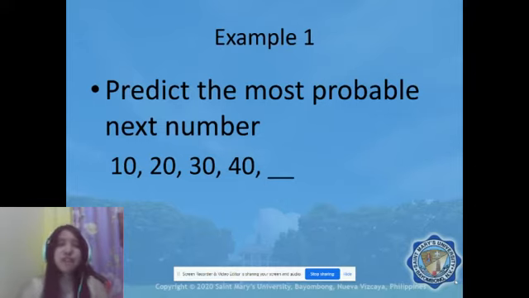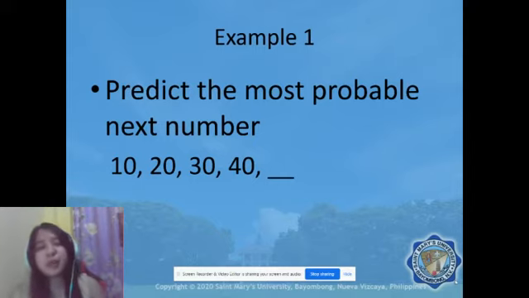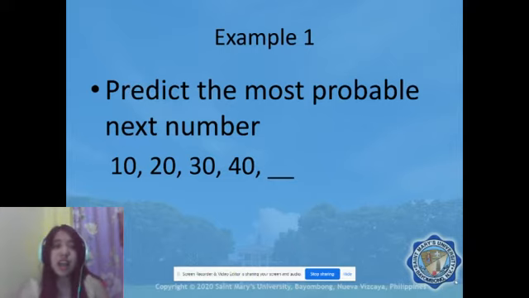We observe that there is an increase of 10 from the first term to the second term. So 10 plus 10 is 20. Again, 10 is added to come up with the next number, 30. And 30 is again added to 10 to come up with 40. So with this, we conclude that we are also going to add 10 to 40, and that is 50.